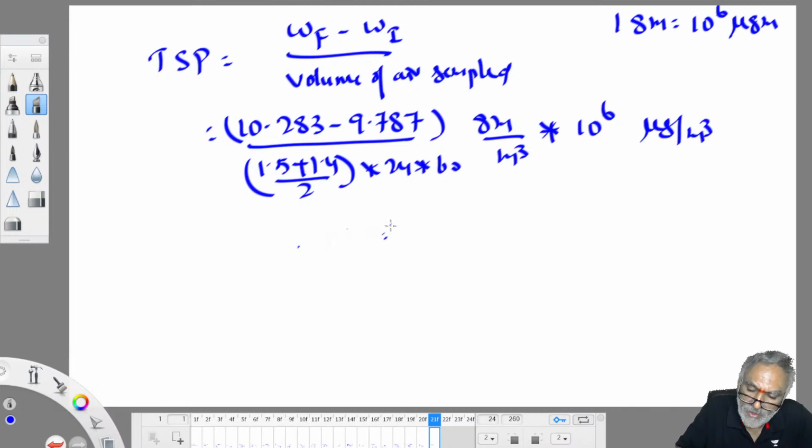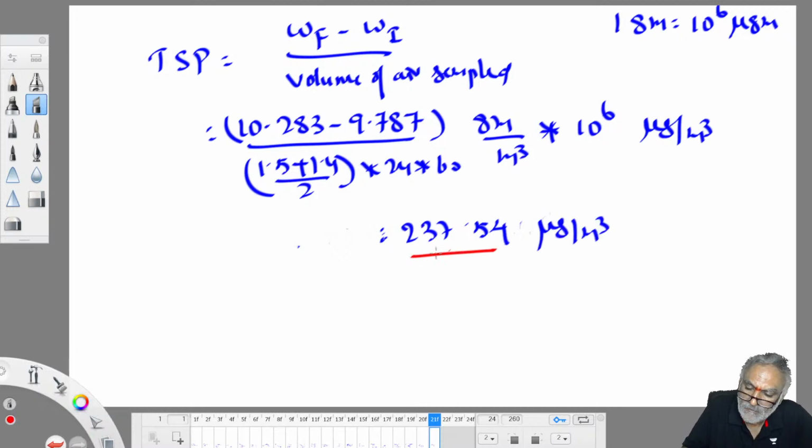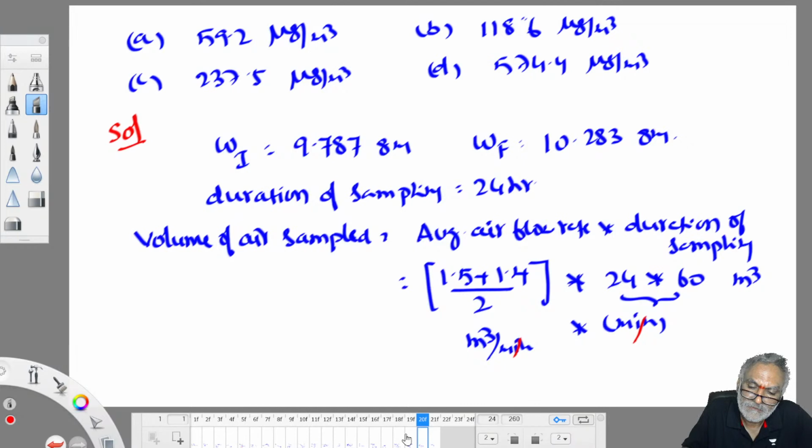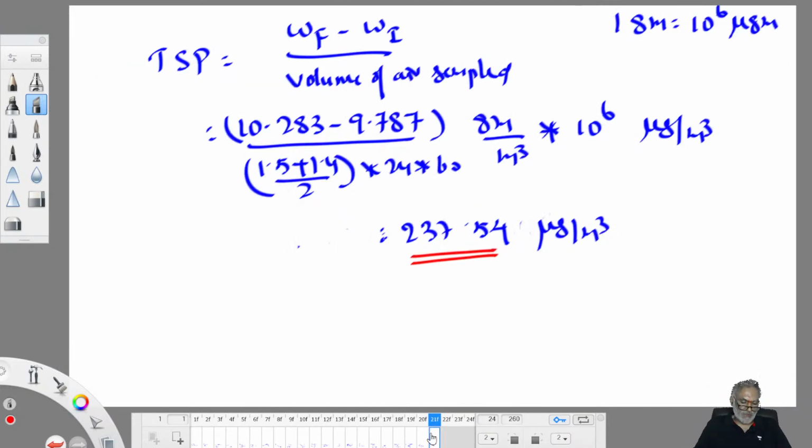See, 237.54 I got. 237.54 microgram per meter cube. So which option is matching? This is matching. So that is how we can work out this one.